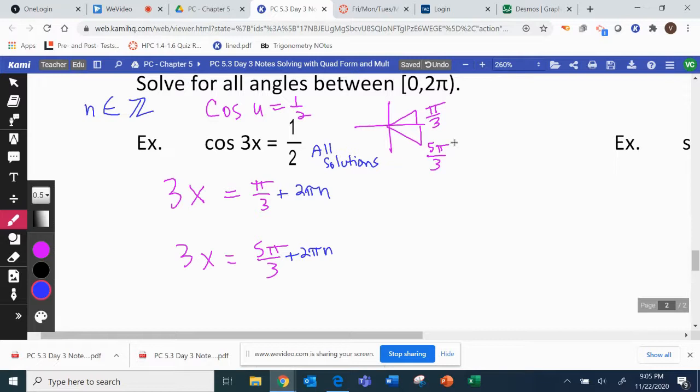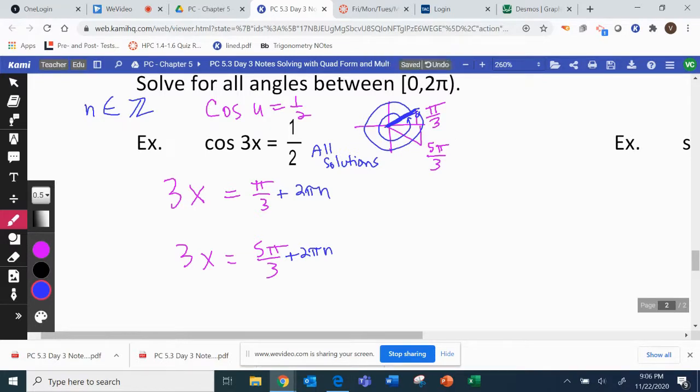So this would be like all solutions where if 3x was at pi over 3, then I could add on a full 2 pi, and it would make a coterminal angle at the same place. It would have the exact same answer. I could go around again and just keep adding on 2 pi's.